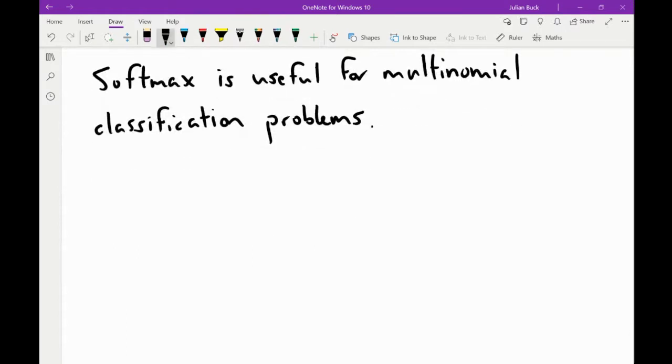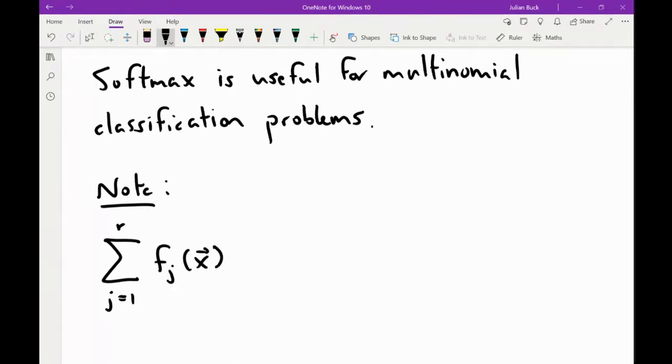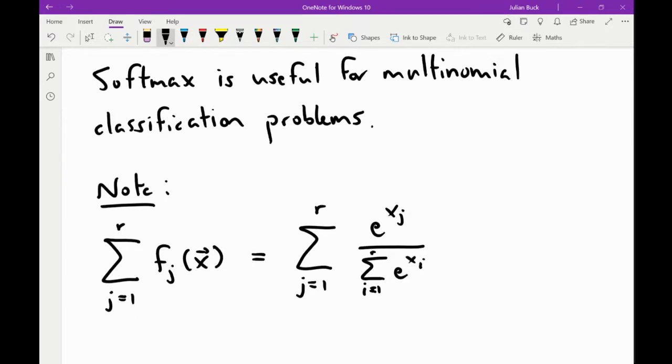So it's worth making the following note to see that this does what we want it to do. Suppose we add up all of these functions, take the sum from j equals 1 to r of f sub j of x. So that is the sum from j equals 1 to r of e to the x sub j over the sum from i equals 1 to r of e to the x sub i.